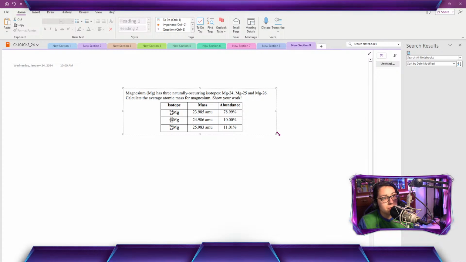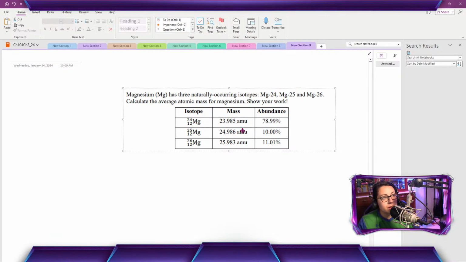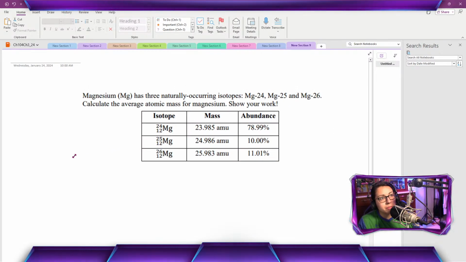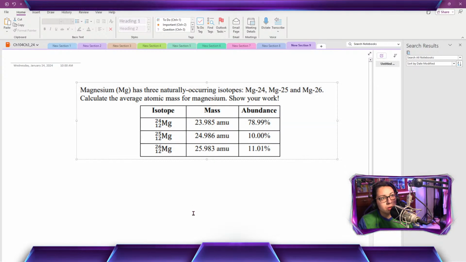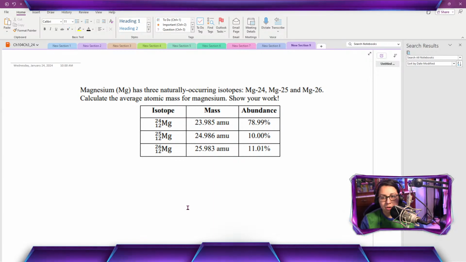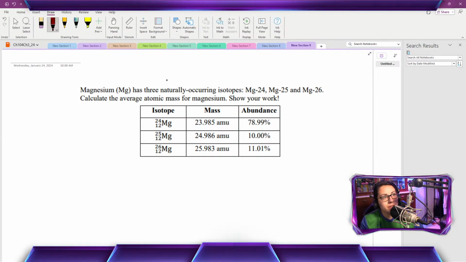It's this problem here where it talks about figuring out the average atomic mass. Recall what we said in our previous lectures: the mass on the periodic table is the average of all our different isotopes. So now we're working through finding the mass on the periodic table, essentially.